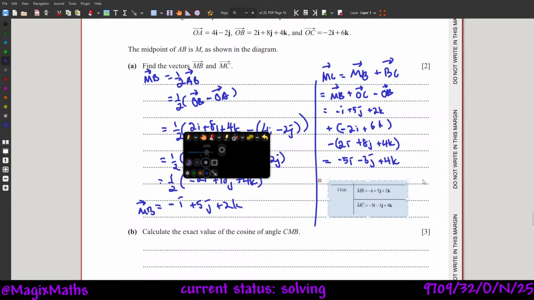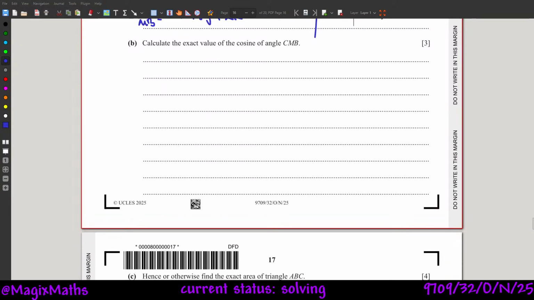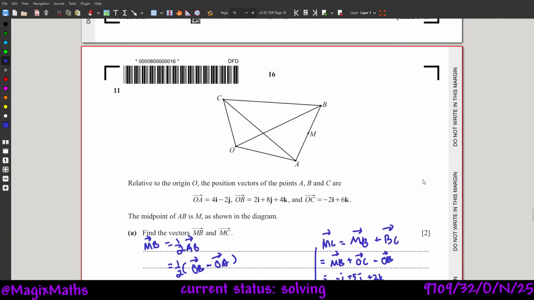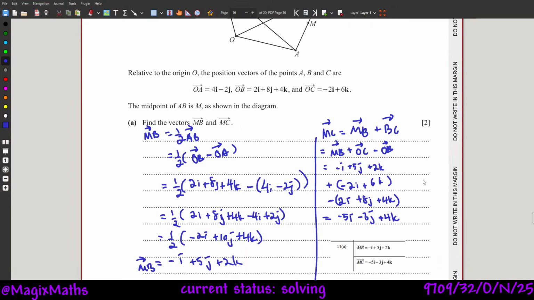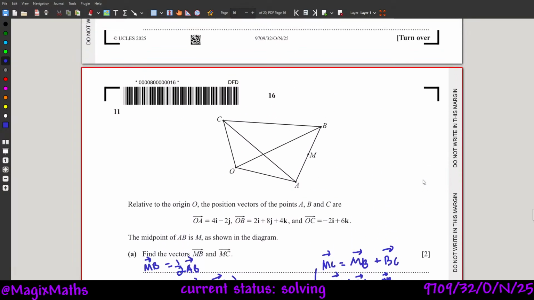So there goes our answer. Now the angle of CMB. How do you suppose we should do that? Well, we're able to find MB and CB.